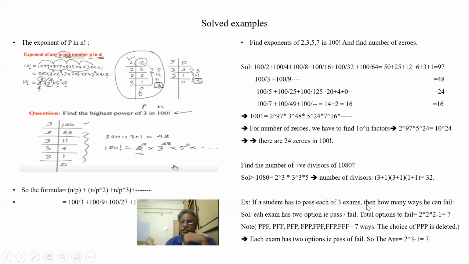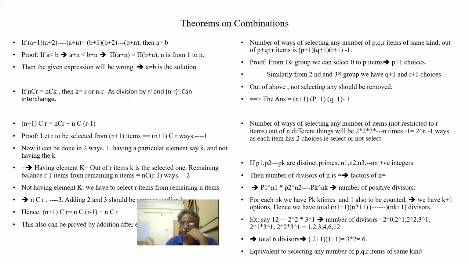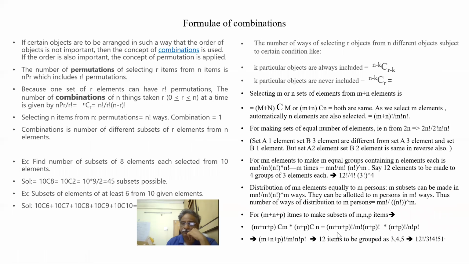That's how we calculate. We know in each exam you can fail or you can pass. There are 2 options. So 2 into 2 into 2, there are 8 ways. 2 cubed minus 1 removes the all-pass case. So we have 7. This is the formula we are using here: 2 to the power of n minus 1.